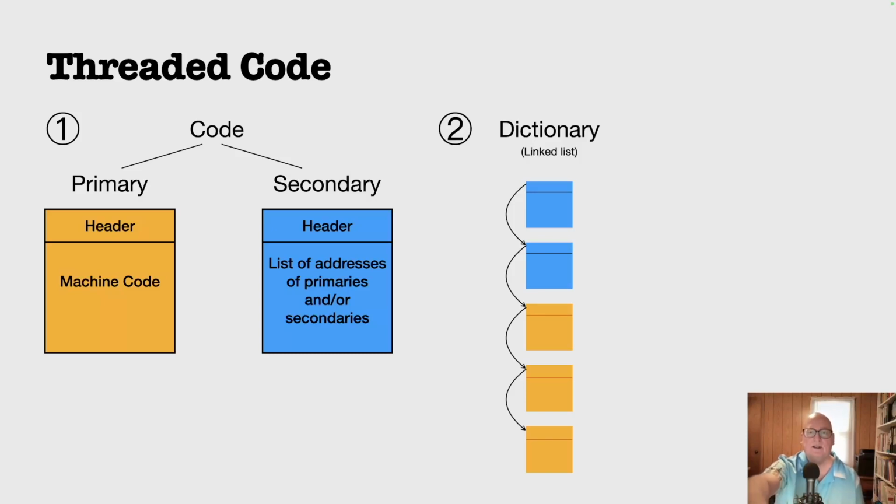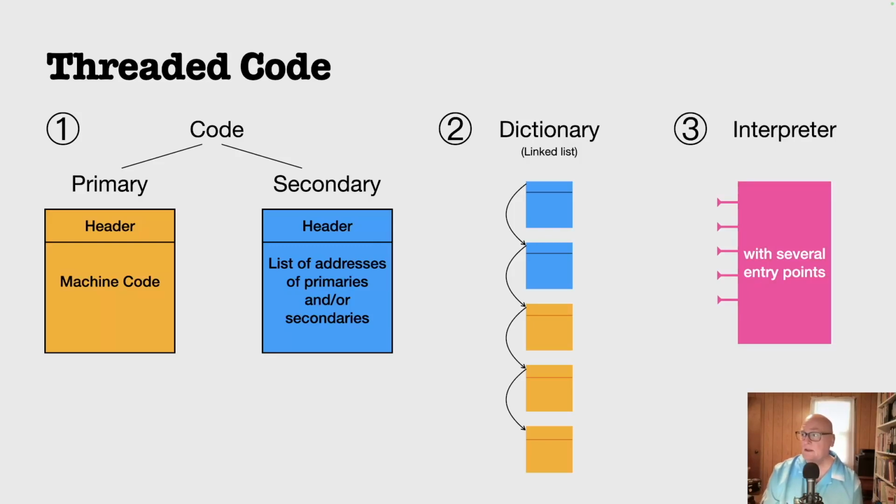Then as we define new terms, we get to those blue ones up top. They'll be secondaries. I guess you could define new assembly ones, but I'm not going to support an assembler in our secondaries. We'll just put those in the assembly code if we need to. But the new ones you define then go on the dictionary as well. And if one references another, then it has access to what's in the header for it.